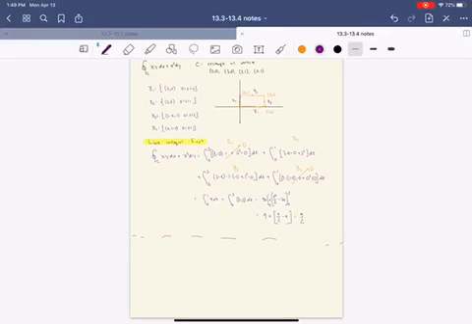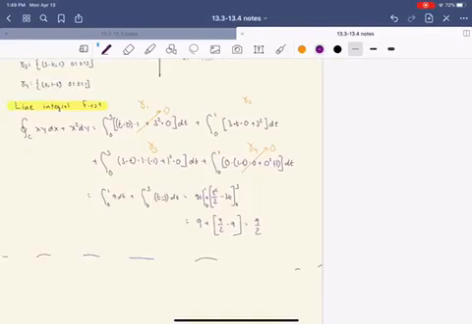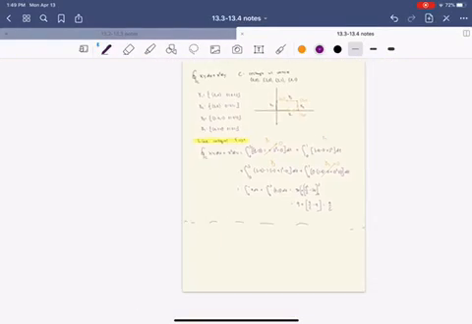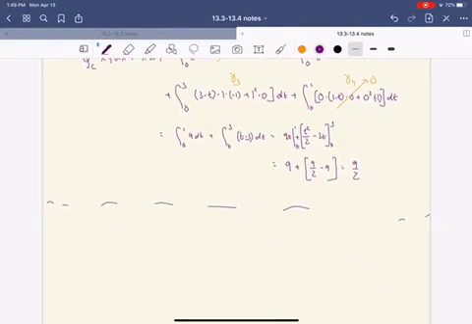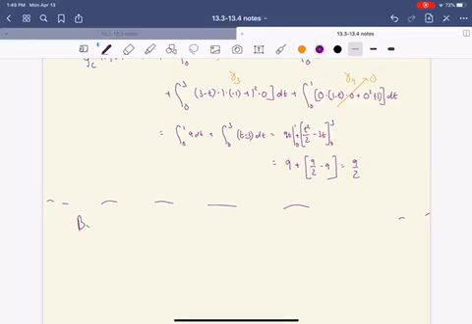Let's retake our integral again. Let me rewrite it. And we're going to do this by Green's theorem now.